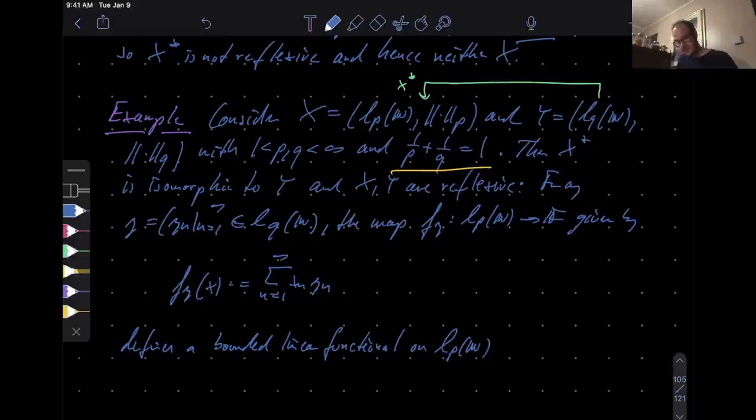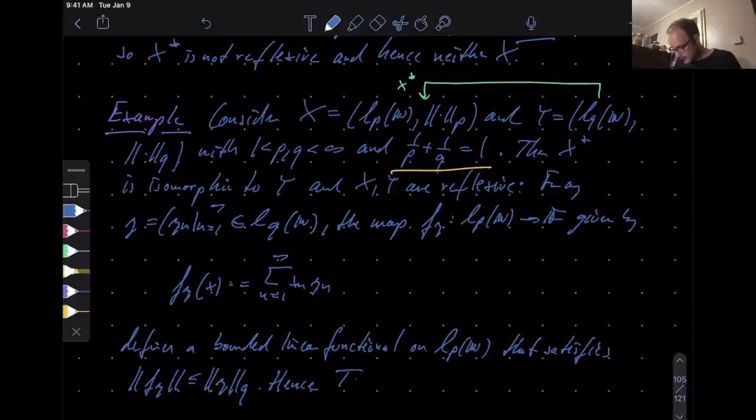You check this as before, Hölder inequality. Linearity again is clear, boundedness is Hölder inequality, and you have immediately an upper bound for the operator norm because it cannot exceed the q norm of y. Okay, having that, now we establish equality.